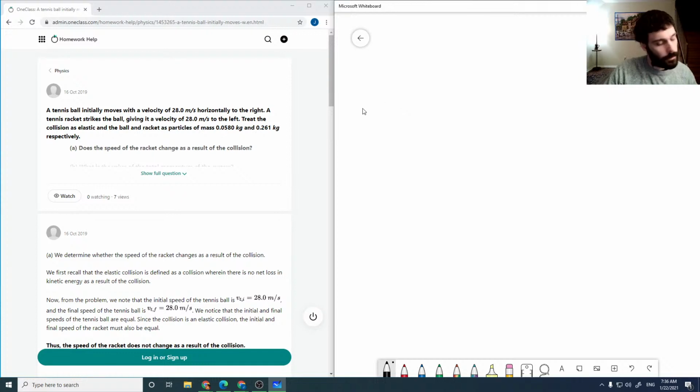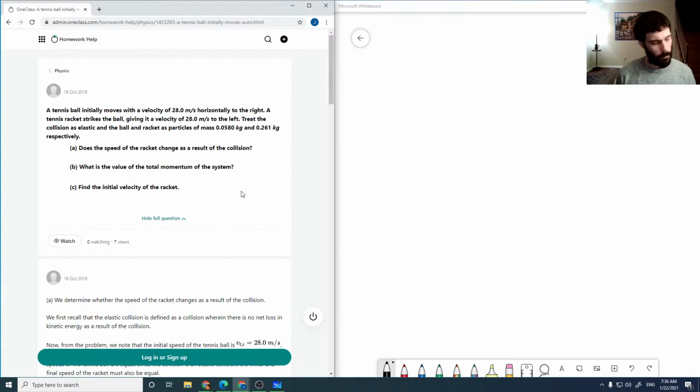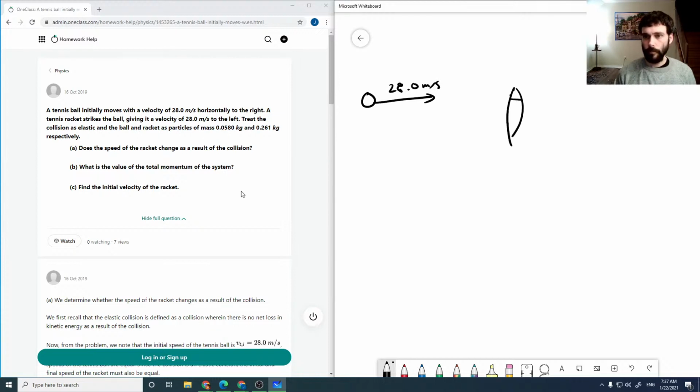Okay, so we've got a tennis ball initially moving with a velocity of 28 meters per second to the right, and a tennis racket strikes the ball.